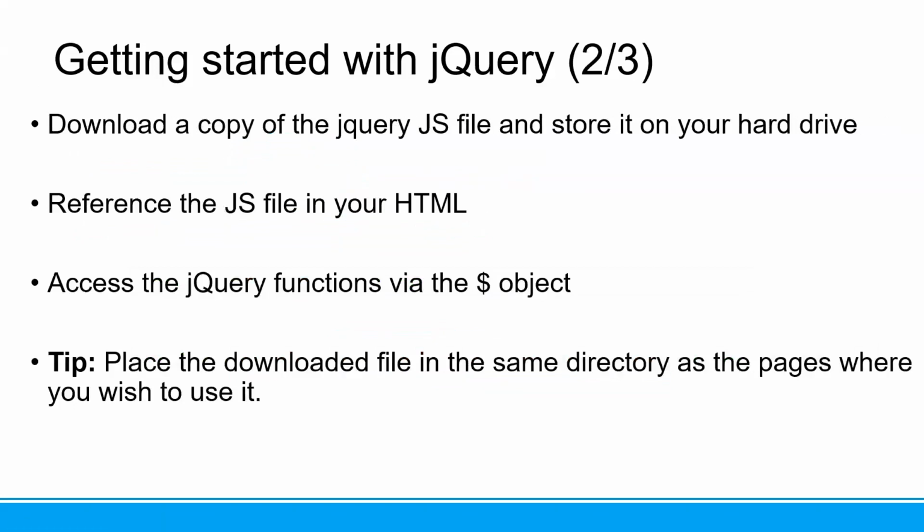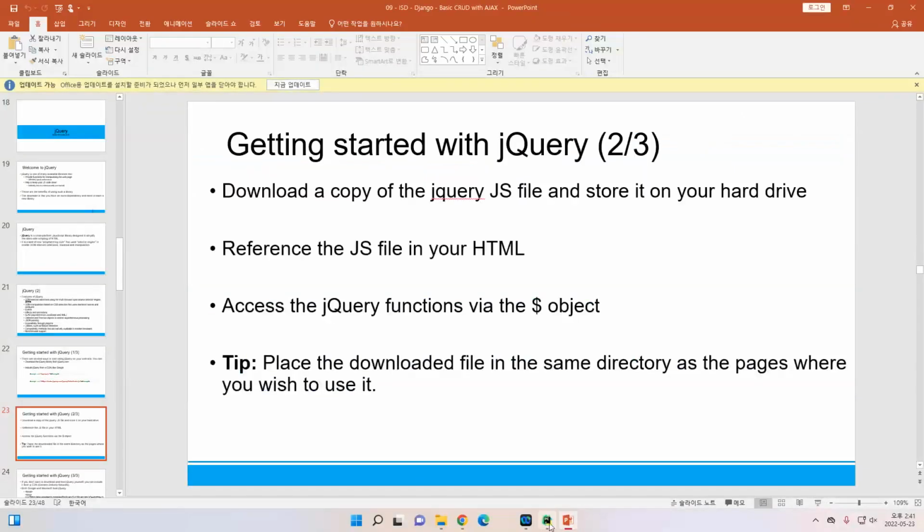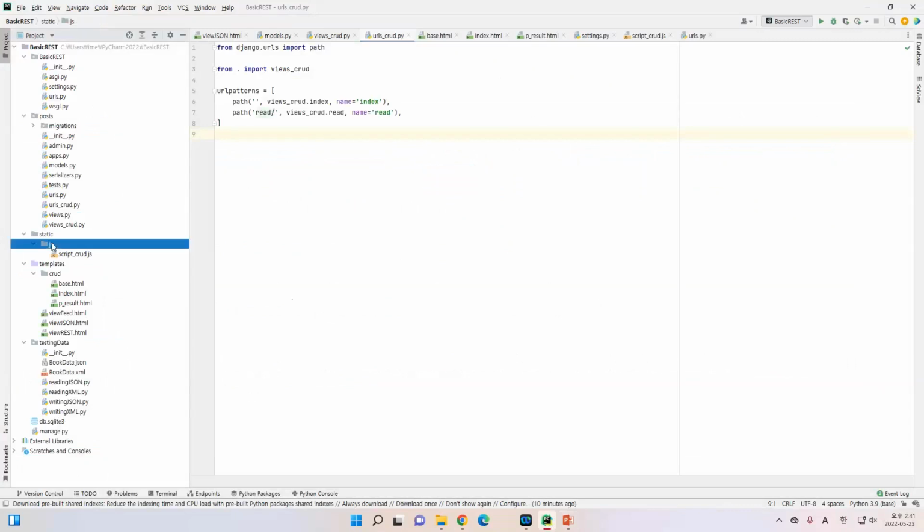If you are going to download jQuery, you can download a copy of the jQuery JS file and store it on your hard drive. In this case, if we have jQuery, we can put it into, for example, here I have the JS folder. So I can put the jQuery file into the static JavaScript folder.